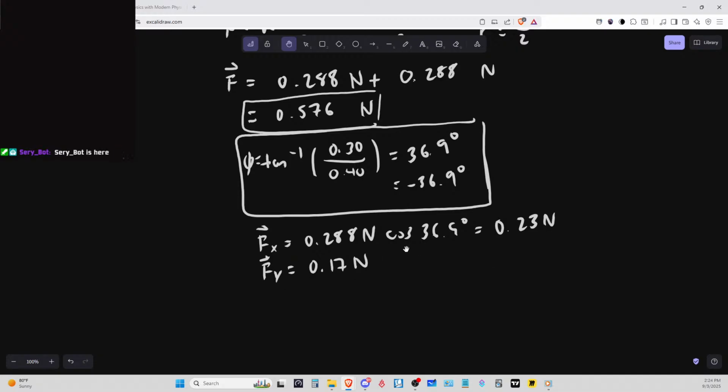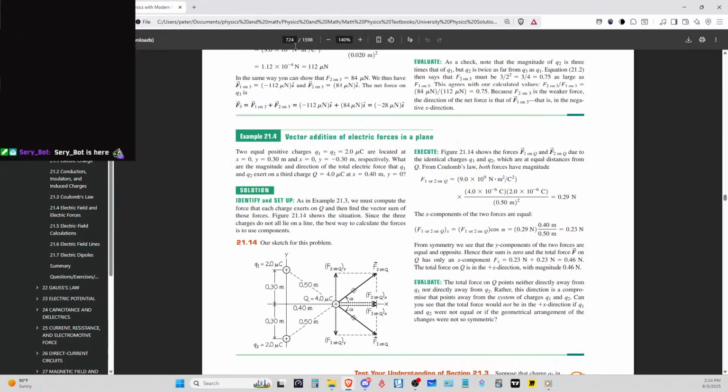This is one of the forces, and then you have to add these forces together. Okay, so I think what I missed was this part, because it's asking for the magnitude and direction. So we got the magnitude.